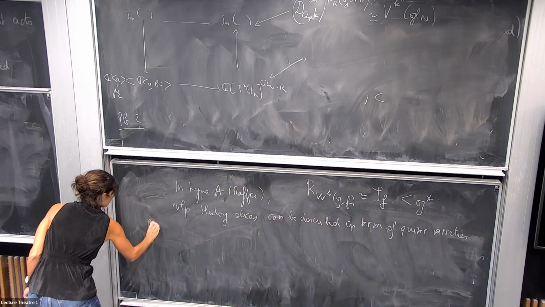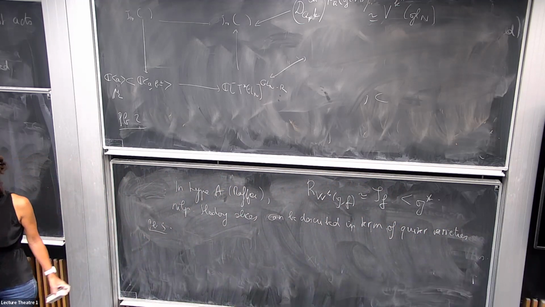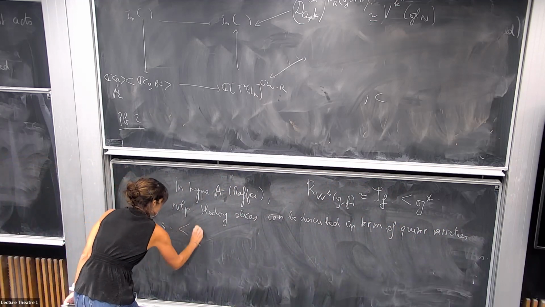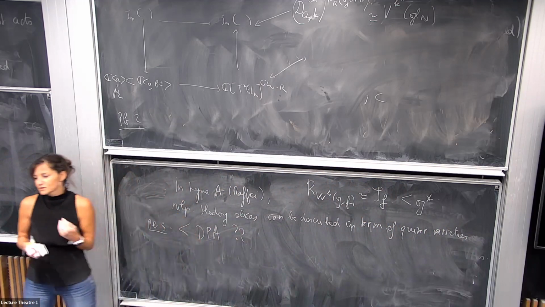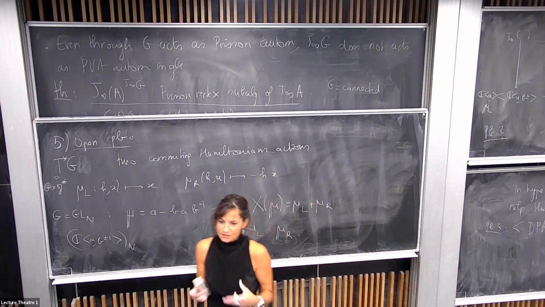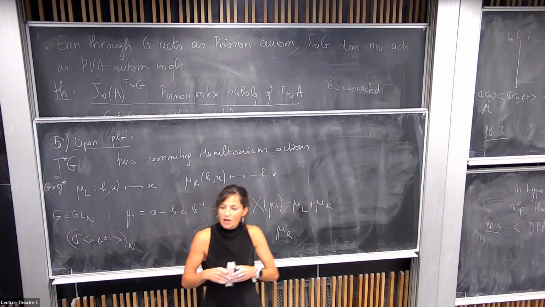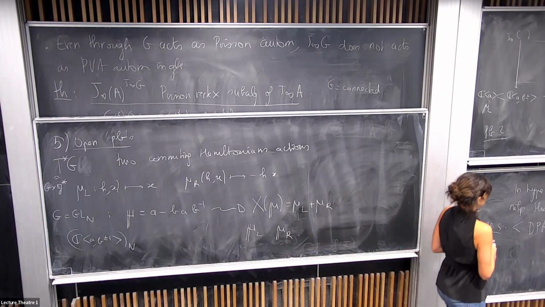But the problem is, can we describe the Poisson structure from a double Poisson algebra? If you combine this with the first two problems, this could give a double Poisson vertex algebra or double vertex algebra interpretation of OPEs for affine W-algebras.